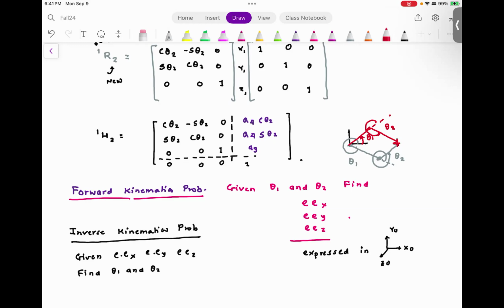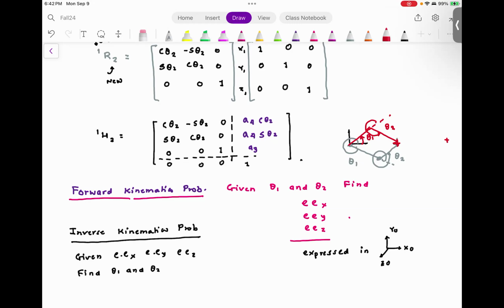What does it mean? It means forward kinematics problem has a unique solution. Inverse kinematics problem can have one solution, can have multiple solutions, or may not have any solution. Do you agree with me? Example, if my end effector position is somewhere over here, no matter what I do, my robot is not gonna reach that position.